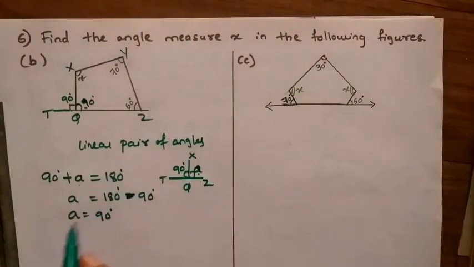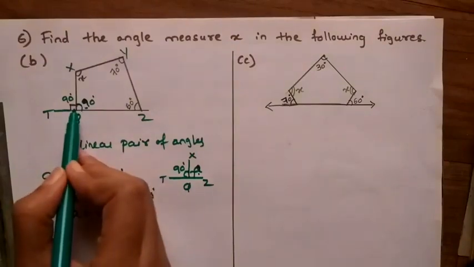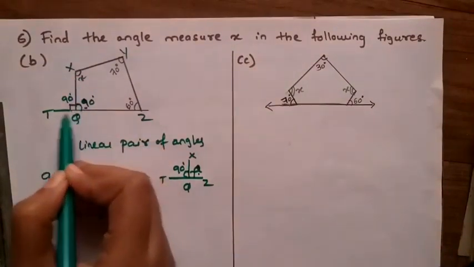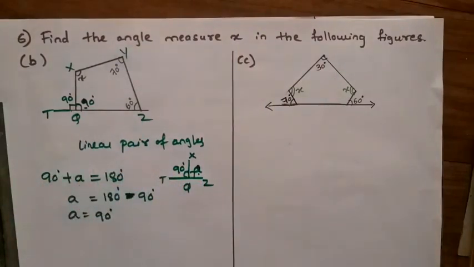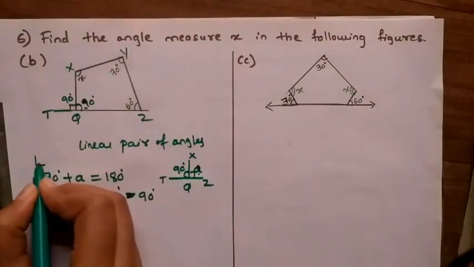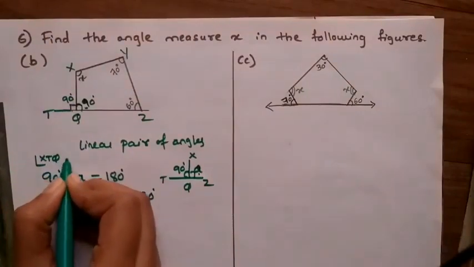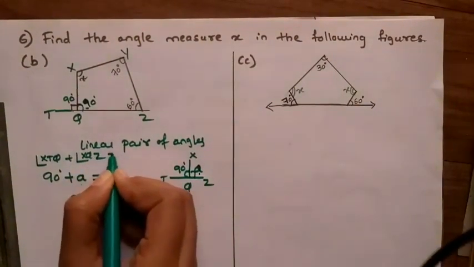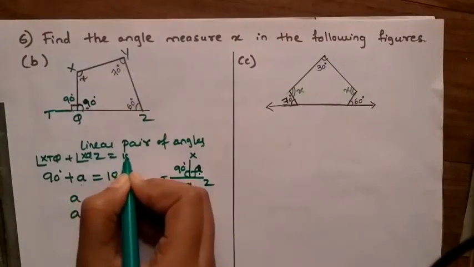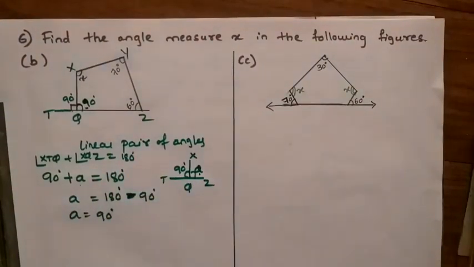So first we apply the linear pair angle for this figure: angle XQT plus angle XQZ is equal to 180 degrees. I am applying the linear pair angle.